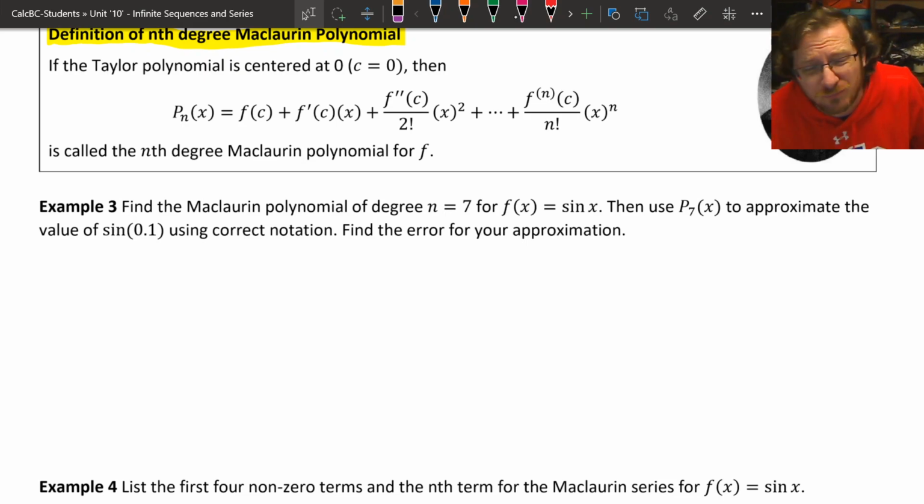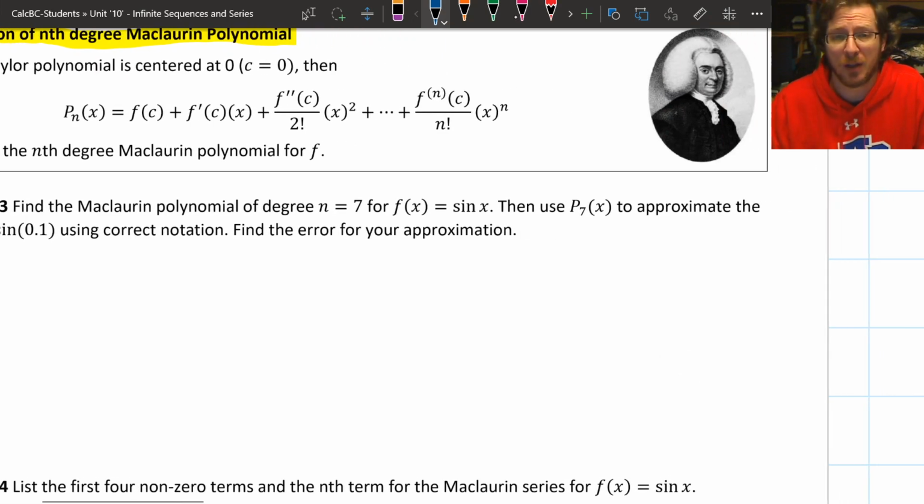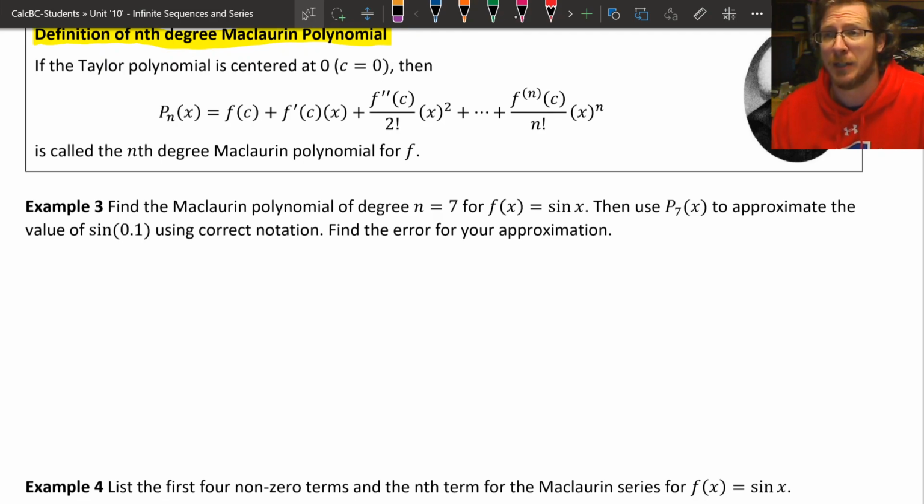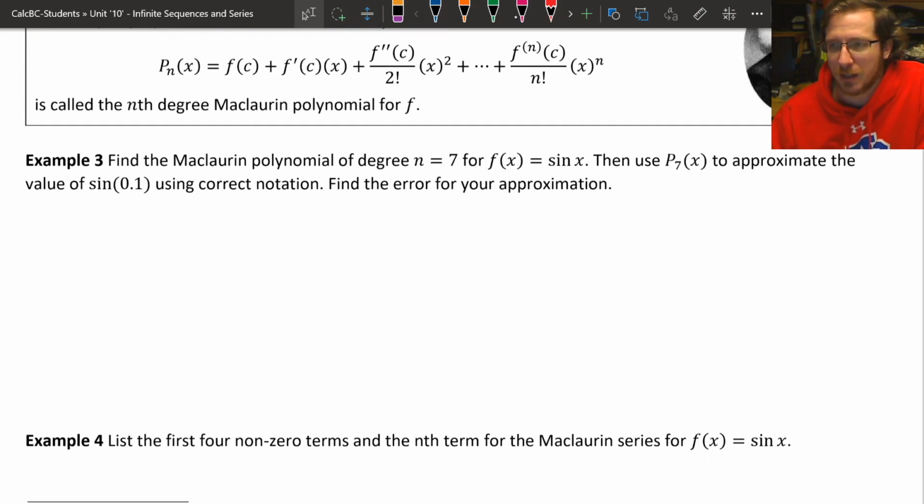All right. So when it says use p sub 7 and a polynomial of degree n equals 7, then that means we're going to need to find not 7 terms necessarily, but out to the 7th degree term, or the monomial with a degree of 7. That means we're going to have to take a lot of derivatives.